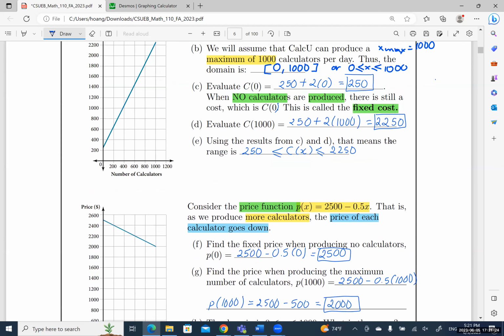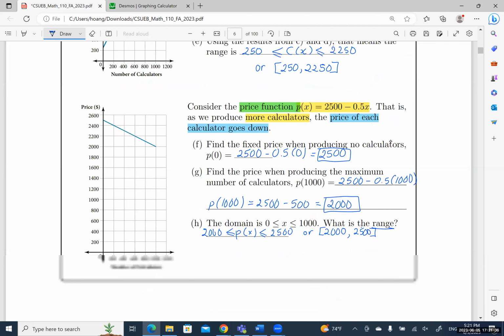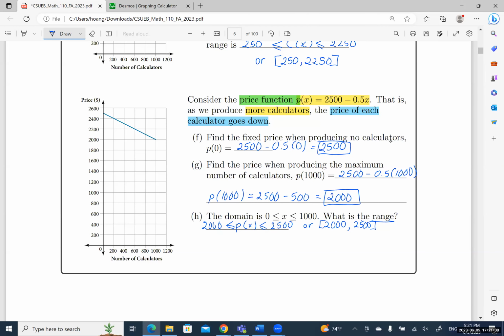Up here I forgot to write, so from 250 to 2,250.